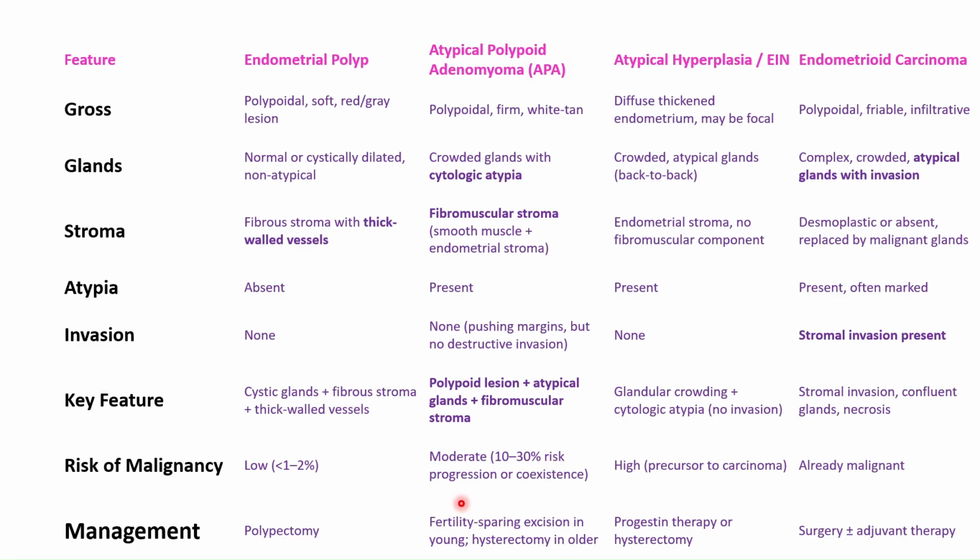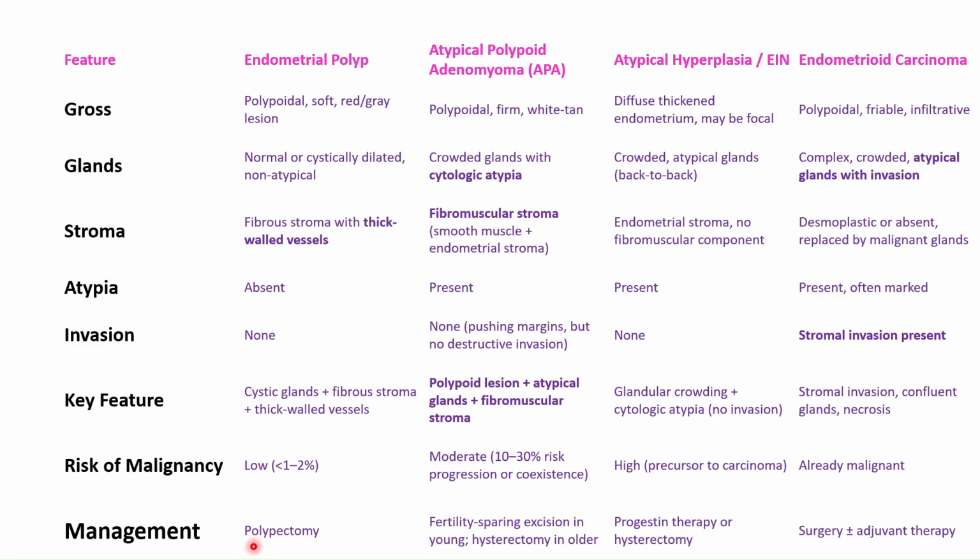As the name suggests, endometrial polyp is benign, with low risk for malignancy, moderate in APA, and high possibility in atypical hyperplasia as a precursor to carcinoma. And the last one is the malignant lesion.